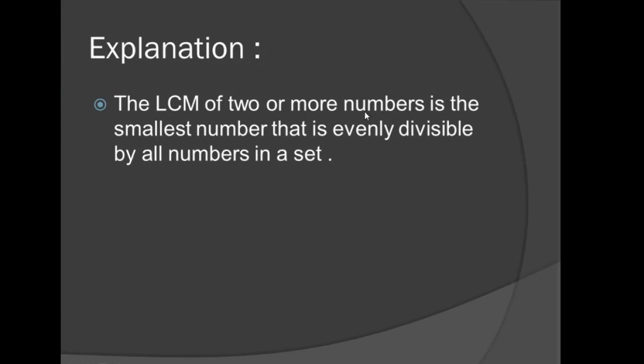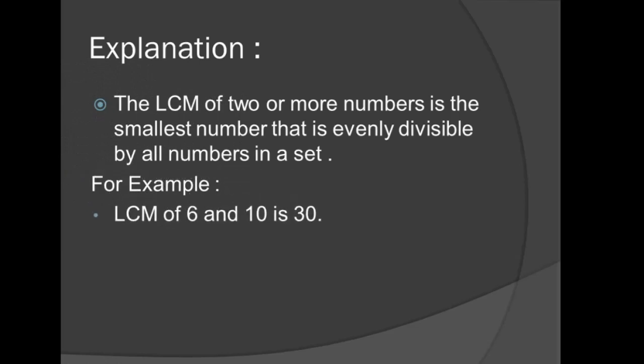It could be 2, 3, 4 or whatever, but more than one. The LCM of two or more numbers is the smallest number that is evenly divisible by all the numbers in a set. So LCM is the smallest of the multiples of the given numbers.